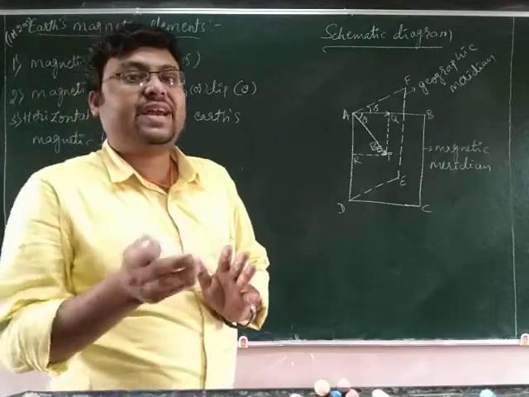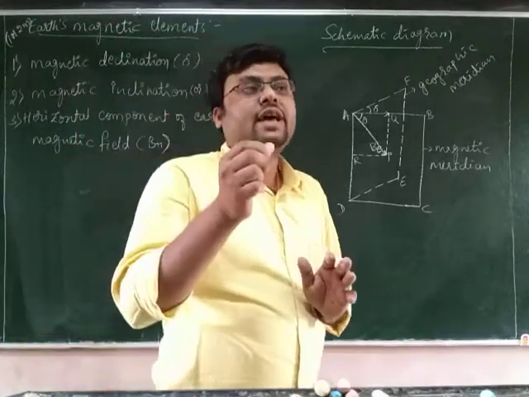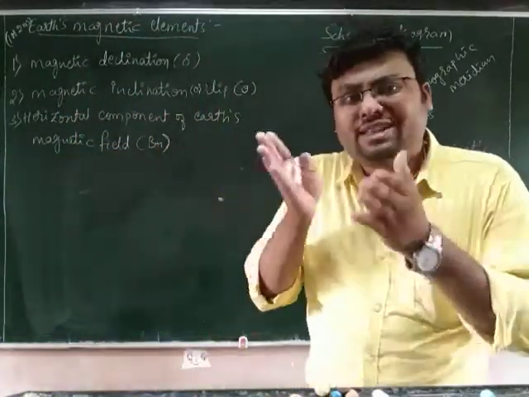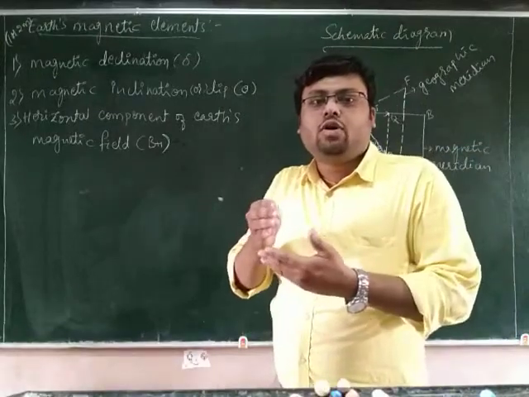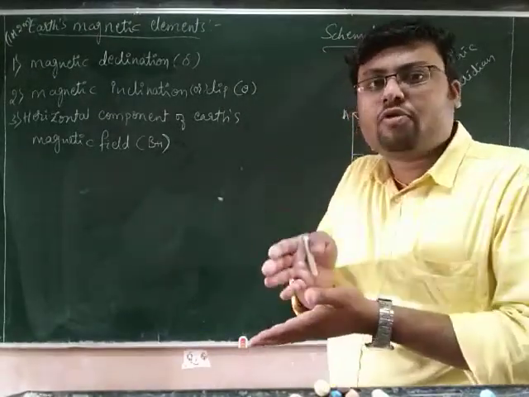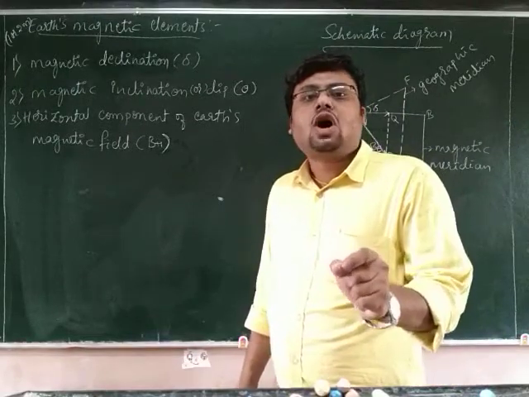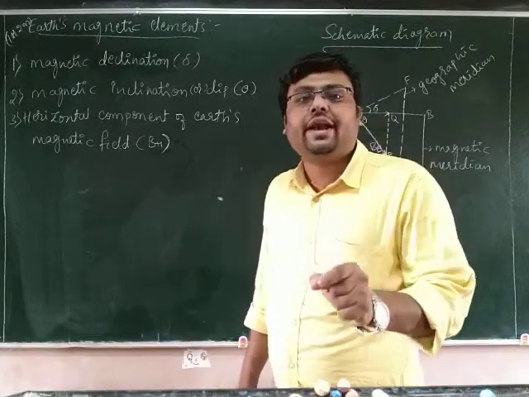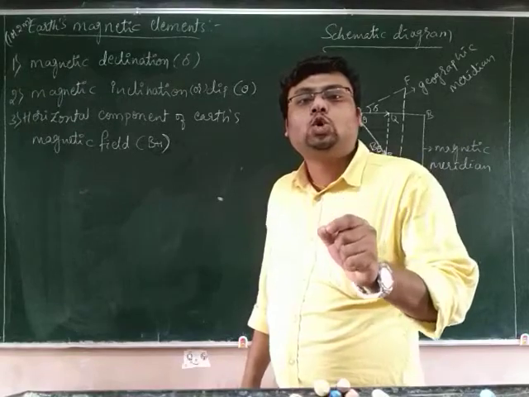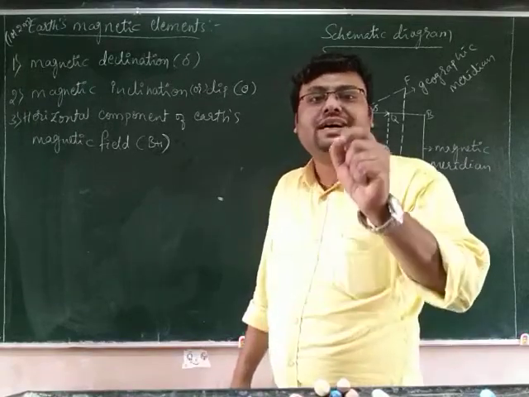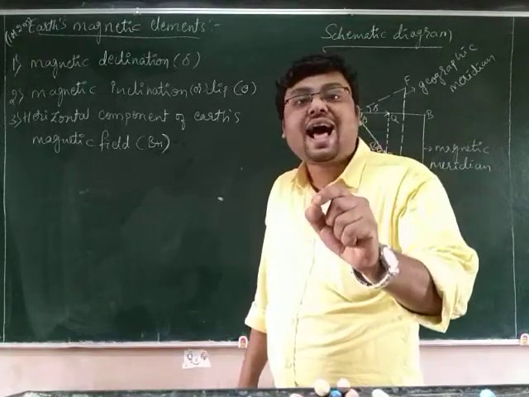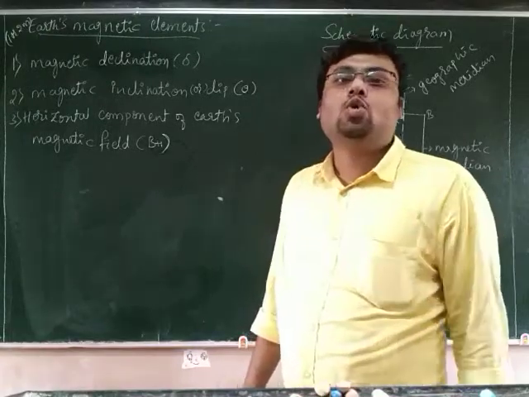Earth meridian means we consider any point, say Jagalur or Bangalore, where we want to find the magnetic field. Then we must draw an imaginary plane passing through the poles of the earth as well as through Bangalore.